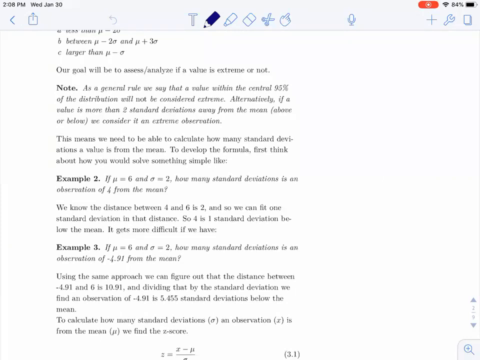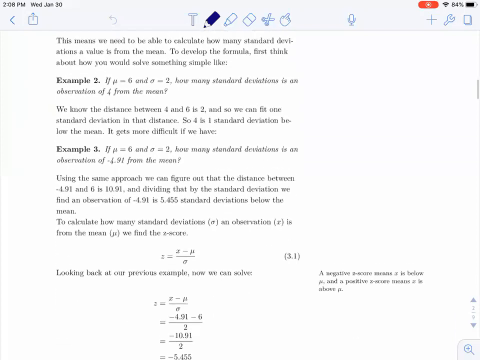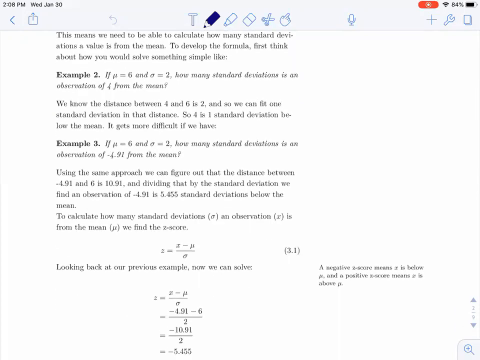But then we developed this idea of, okay, so if we know this fact that if we move out 1 standard deviation, 2 standard deviations, 3 standard deviations, then we can approximate the area under the curve, then it's helpful to know how to calculate, well, how many standard deviations is that from the mean? And so we said, well, if we had to just kind of brute force it, we would find the distance between these 2 points and divide it by whatever the standard deviation is worth.